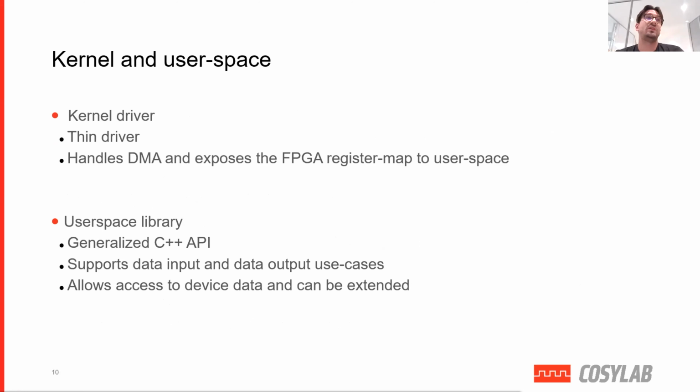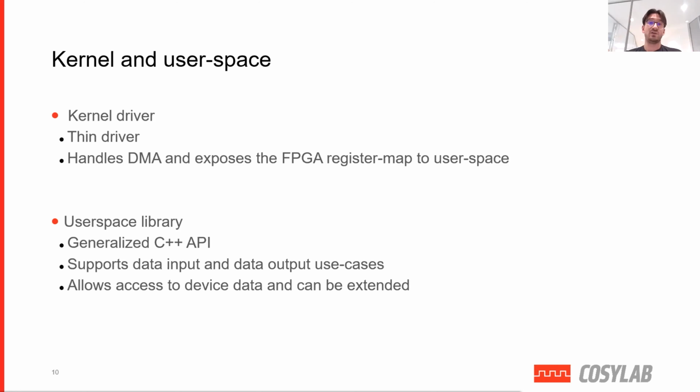So in terms of the kernel, the driver was implemented to include as little functionality as possible in order to reduce the amount of code running in the kernel, and therefore also reduce the likelihood of causing a kernel crash due to bugs or errors. The user space library has a generalized C++ API and allows other control system frameworks to be integrated as well.